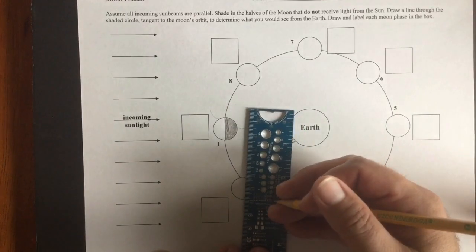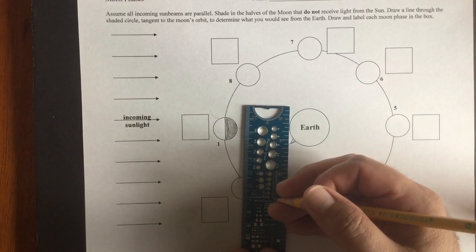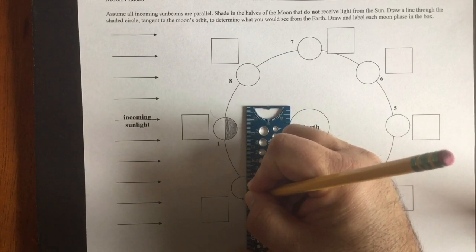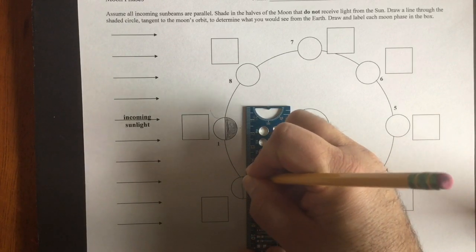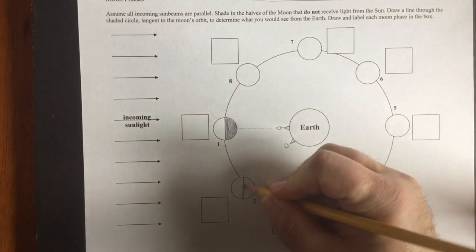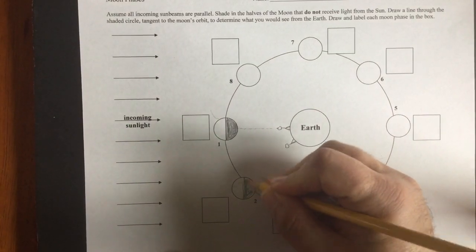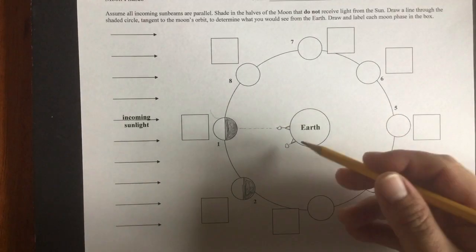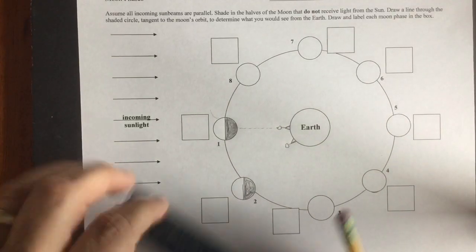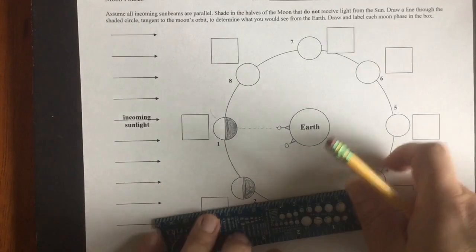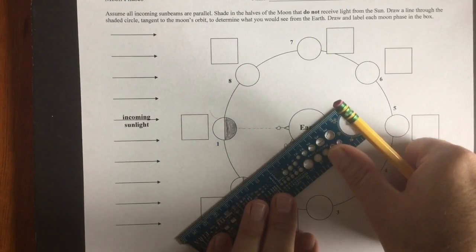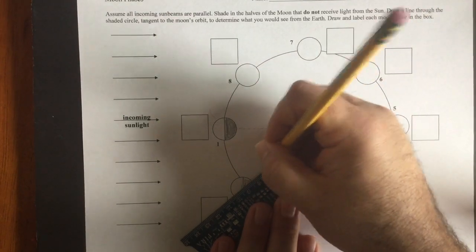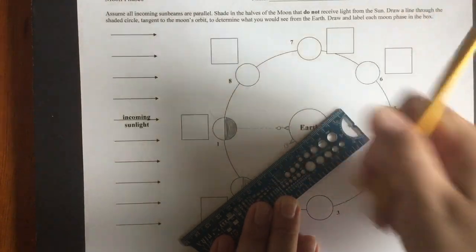It's going to shadow the right side of the moon, the side that's opposite the sun in this drawing. And somebody looking at this from the Earth, I'm going to draw a little tangent line between the Earth and the moon, a little dashed line.